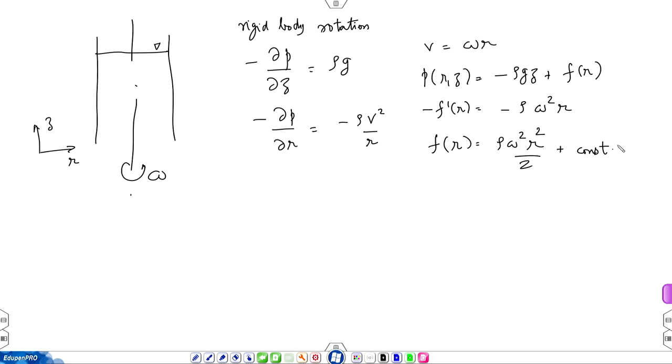So, now substituting and using the same logic that on the free surface, P is equal to P atmospheric.